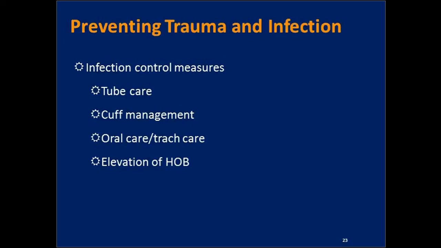So head of the bed up at least 30 degrees, and then anti-ulcer medications, typically proton pump inhibitors for acid suppression to decrease the risk of stress ulcer formation, and also to decrease the risk of aspiration.